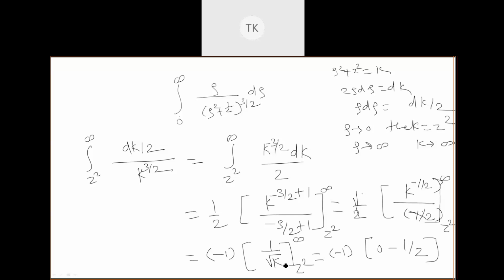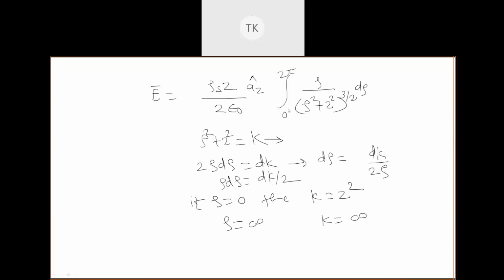If you solve this integration with the limit, you get 0 minus 1 upon z, and it will ultimately be equal to minus into minus, plus 1 upon z. So the integration of this term is nothing but 1 upon z. So we will consider the last expression here.